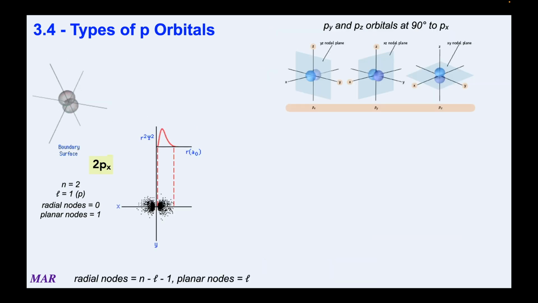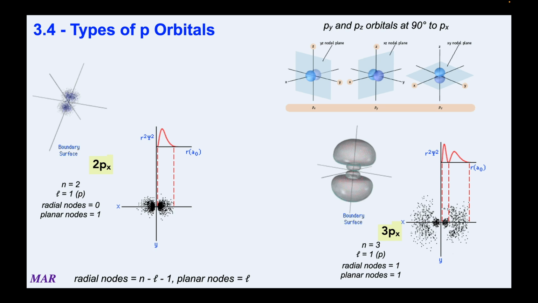P orbitals are somewhat similar. So on the left-hand side there's a 2p orbital. It's 2px technically. We don't have to worry about that. Now 2px has 0 spherical nodes, but because p means L equals 1, you will have a planar node. So you can see in the middle there's no electron density happening. That's where the nucleus is in this case, which is kind of cool.